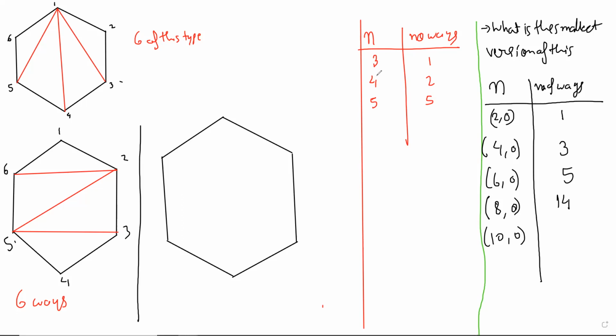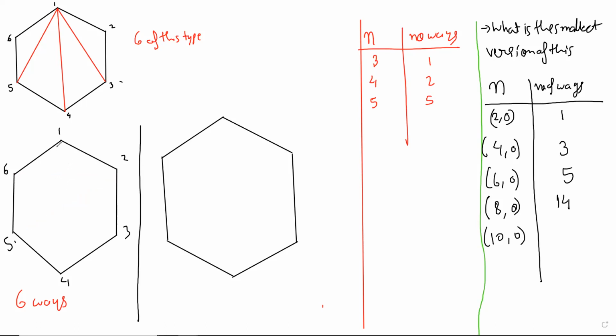So is there any other type of triangulation? Let me just redraw this like this. That may help you to think in a different way.